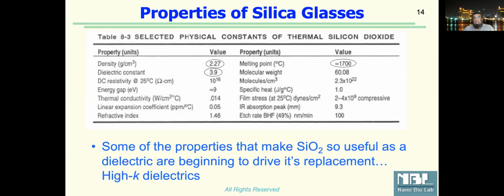That is something we get into if you study silicon dioxide or gate materials much more closely. For now, we'll look at how we make silicon dioxide.